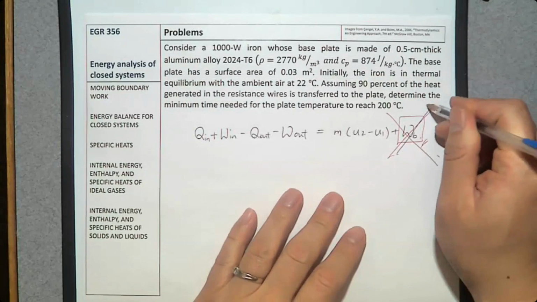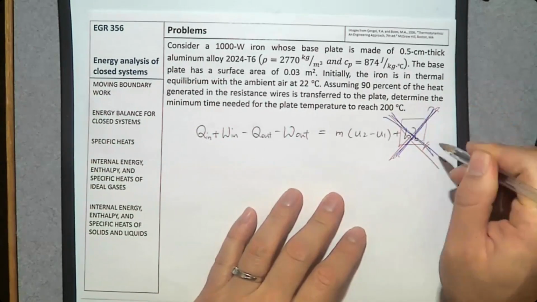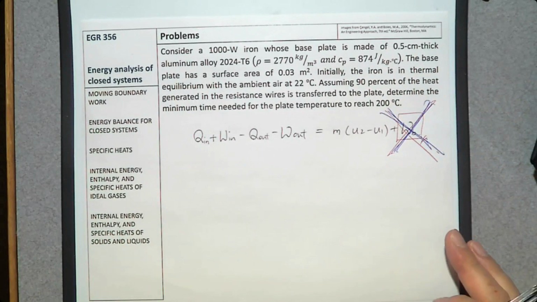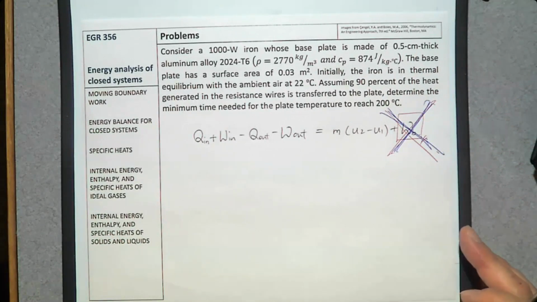So there's no moving boundary work because we can assume that a solid is incompressible. Incompressible means that the volume is not going to change. And the base plate is going to receive heat from the resistance wire, about how much?